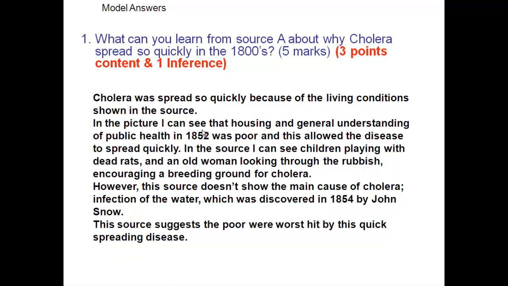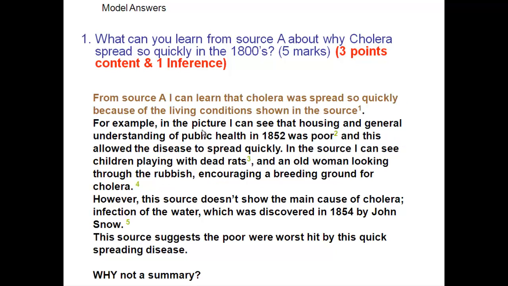Now, this one here, although it's a good question, is clearly about a C grade. If you answer it this way though, you'll get a slightly better mark. So in source A I can learn that cholera was spread so quickly because of the living conditions shown in the source. 1 mark.